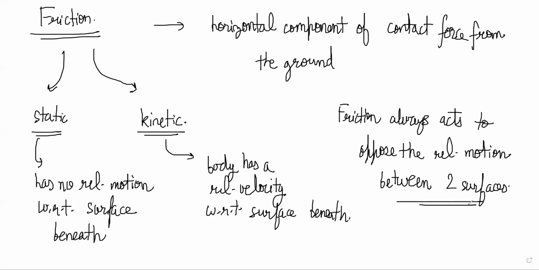So in the case of static friction, if you are pushing a block with some force on the ground and the block has not moved, it is the static friction acting in the opposite direction to prevent relative motion between the block and the ground. And that static friction is what has stopped you from pushing the block across the floor.